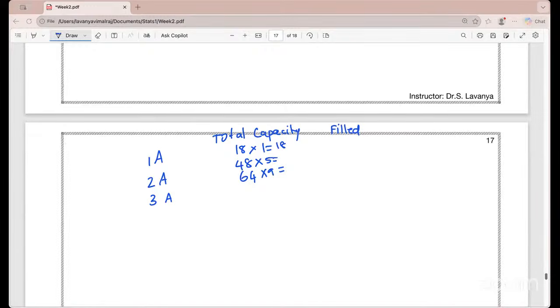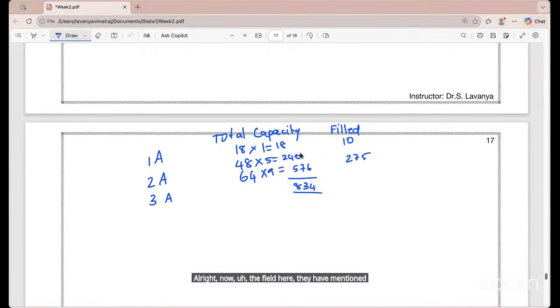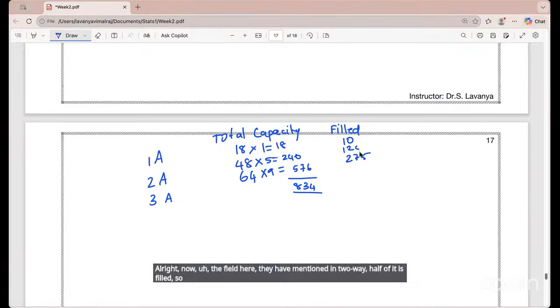48 into 5 is 240. And 64 into 9 is 576. All right, so what's the total? 18 plus 240 plus 576 is 834. Now, for the filled berths, they have mentioned that in 2A, half of it is filled, so it should be 120.